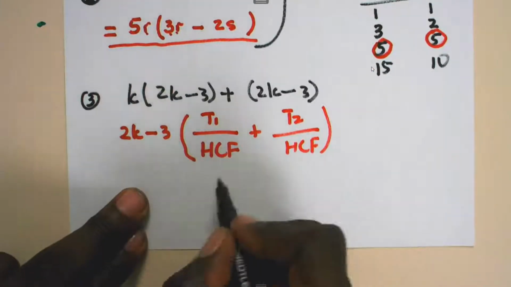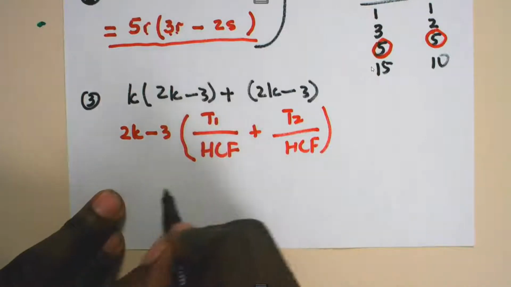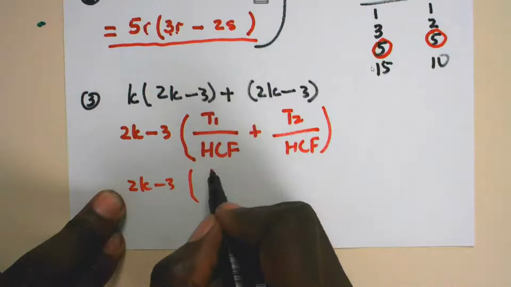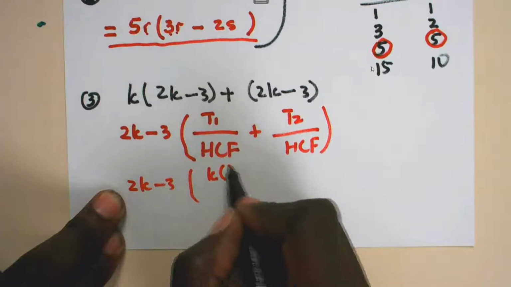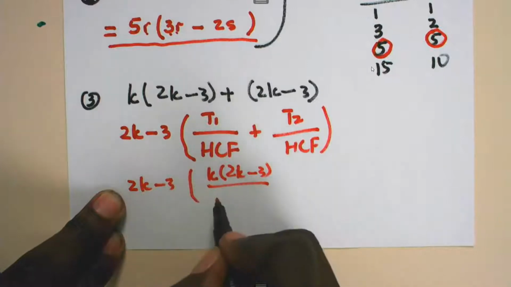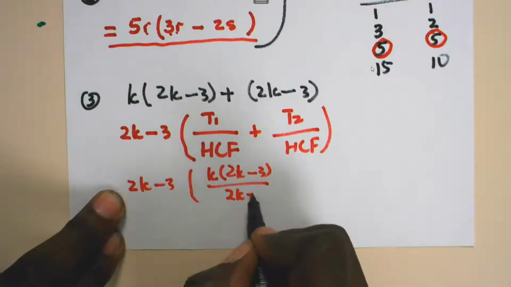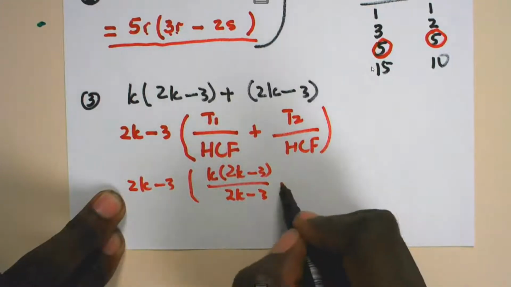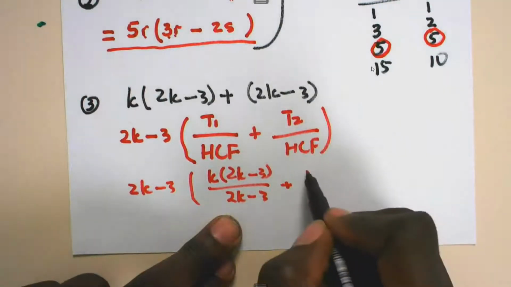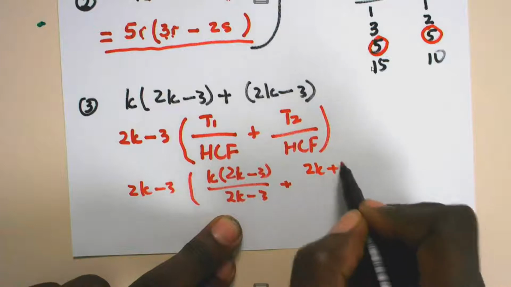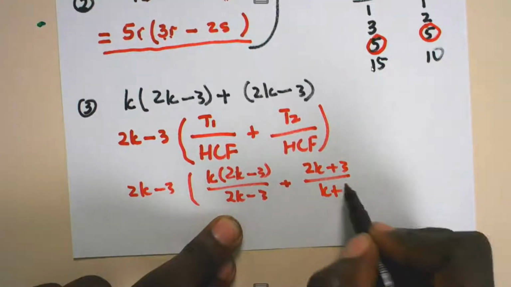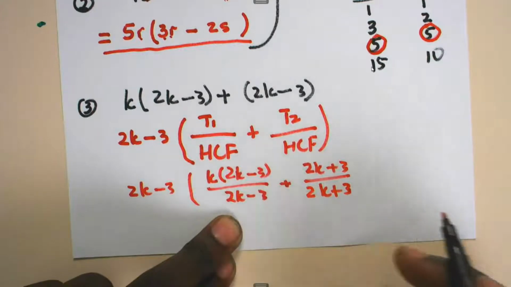Our term 1 is k into 2k minus 3, divided by the highest common factor, which is 2k minus 3. Plus our term 2 is 2k plus 3, divided by our highest common factor 2k minus 3.